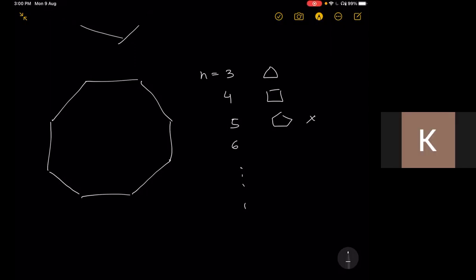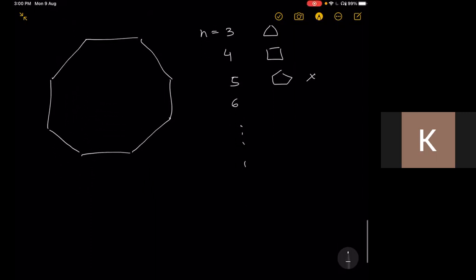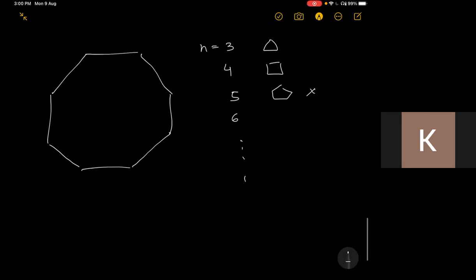Okay. So see, trying is not a very systematic method, but don't underestimate trial and error, because in any problem, if you are not able to do anything else, you should always at least try out things and try to guess a pattern. You should get your hands dirty by trying.